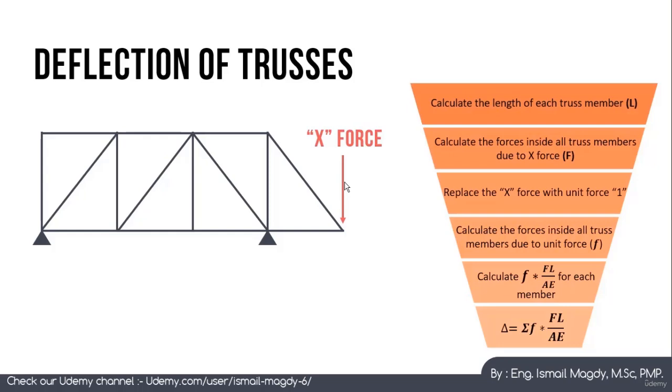This is of course unitless, it's not kilonewton or ton, it is just a unit force. Then we calculate all the forces inside all truss members again due to the unit force, which will be the F small. After that, we calculate F small multiplied by FL over AE for each member. And finally, we calculate delta, which equals sigma of F small multiplied by FL over AE.